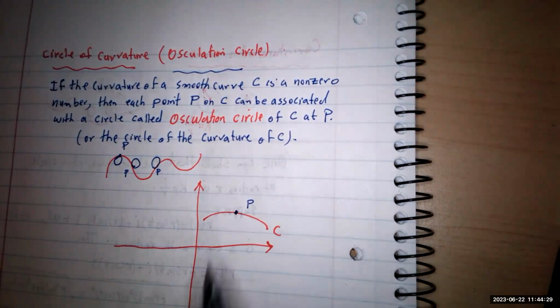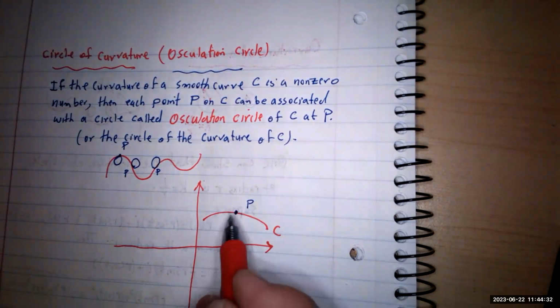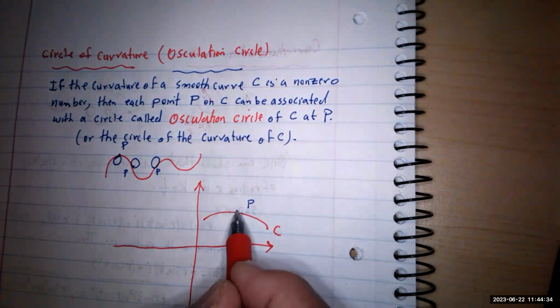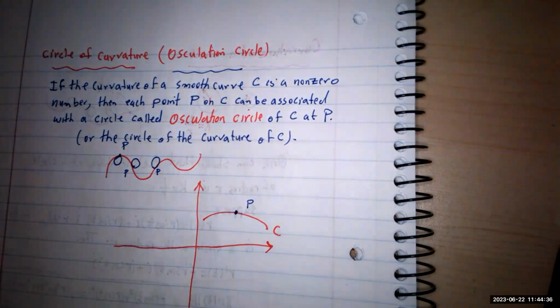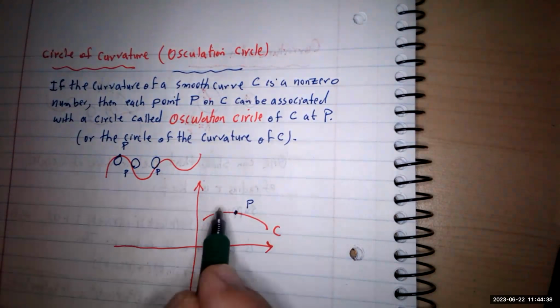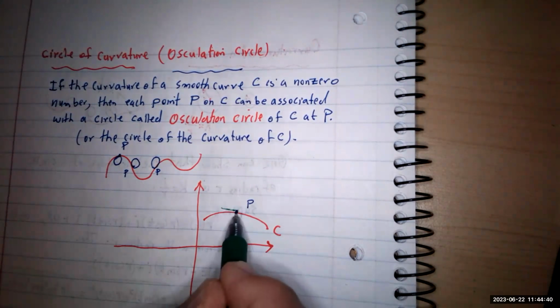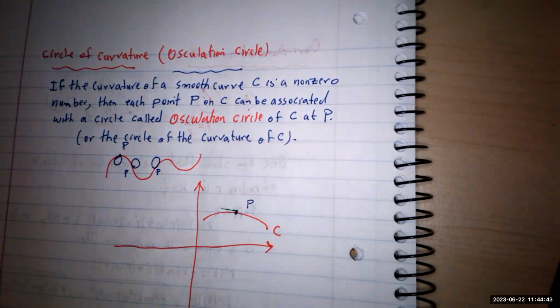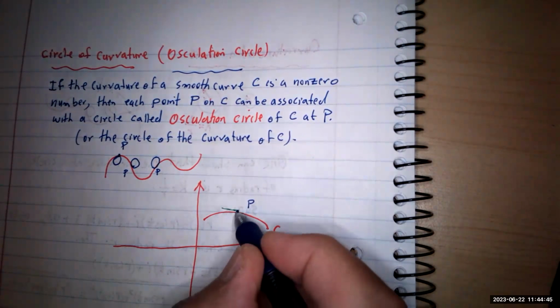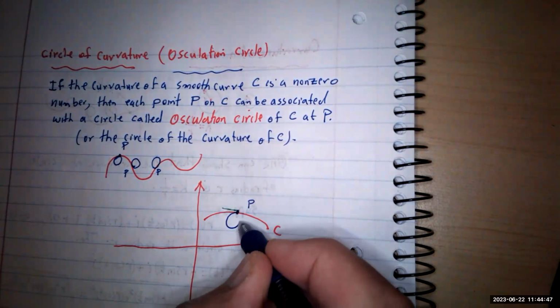You consider the tangent line here. This is the circle that you're going to consider.